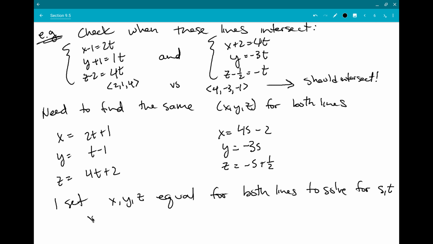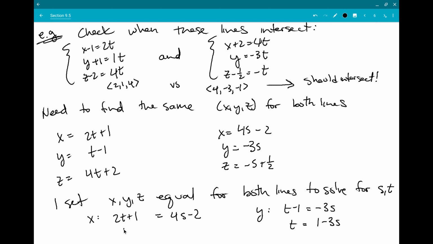For my x value, I have 2t plus 1 should be equal to 4s minus 2. That's going to tell me something for sure. And for y, I have t minus 1 should be equal to minus 3s. So this one will tell me that t should be equal to 1 minus 3s.